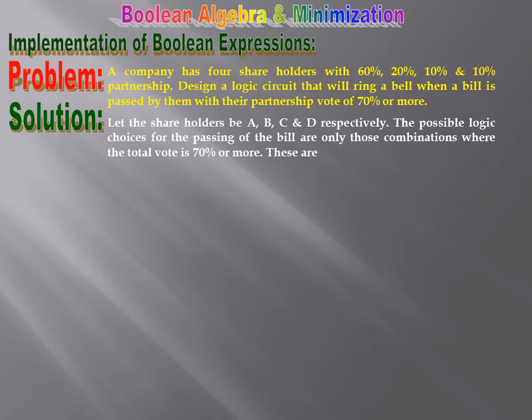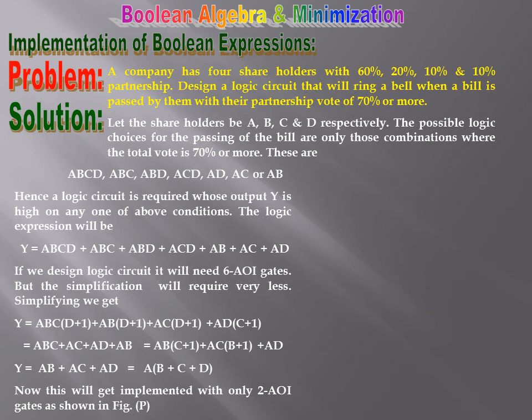Let the shareholders be A, B, C, D respectively as the 4 variables. The possible choices for passing of the bill with 70% vote are ABCD, ABC, ABD, ACD, AD, AC or AB.